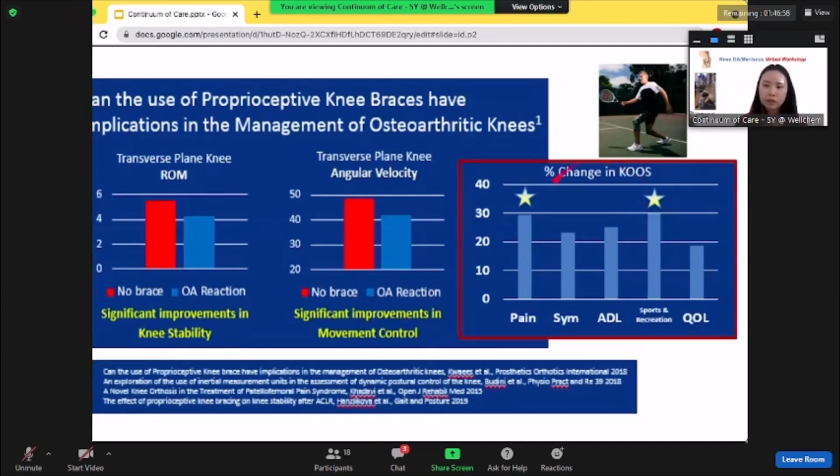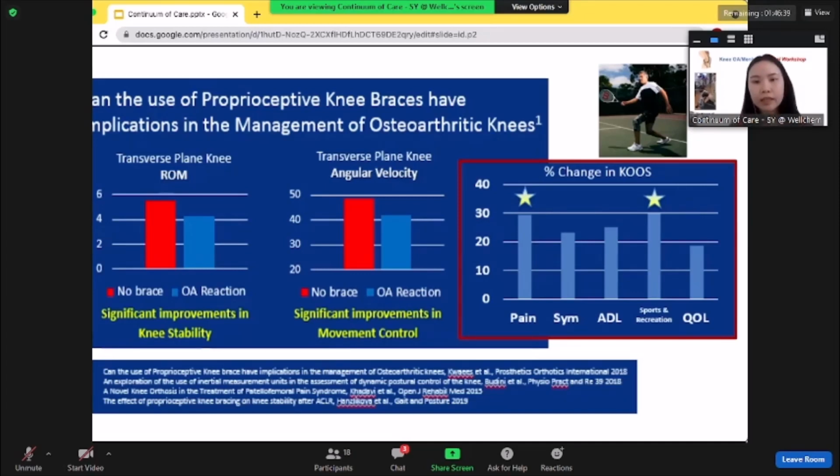The study also demonstrated a 30% improvement in pain and also in motion. Since patients feel the increased knee stability and improved movement control, they would want to move even more because they can move even more.